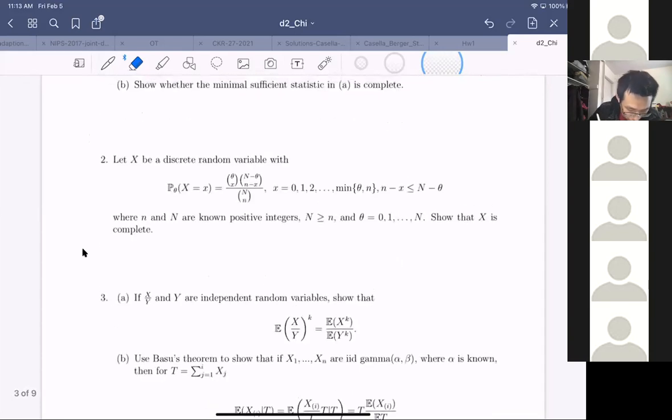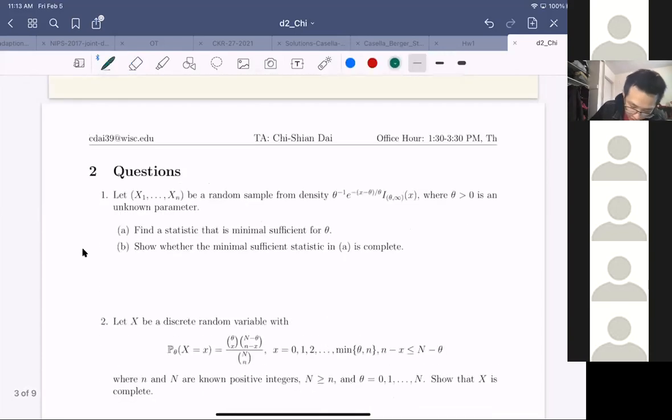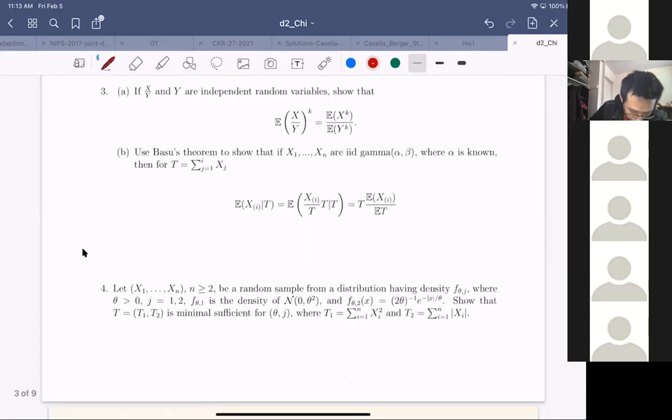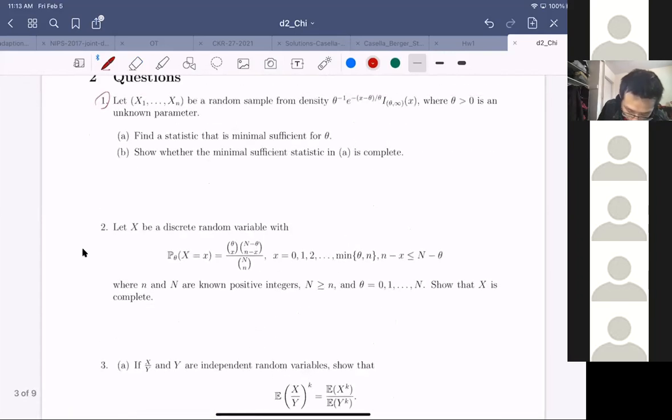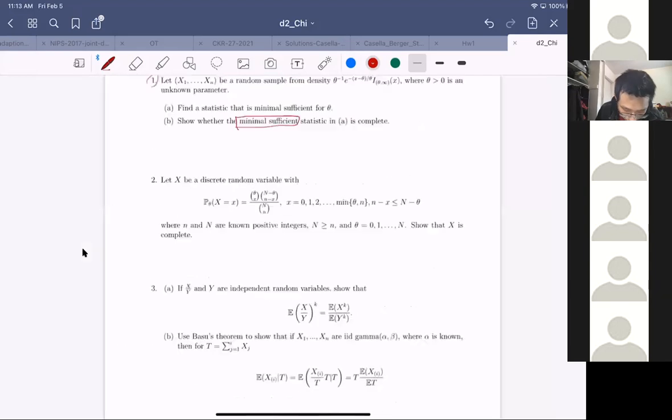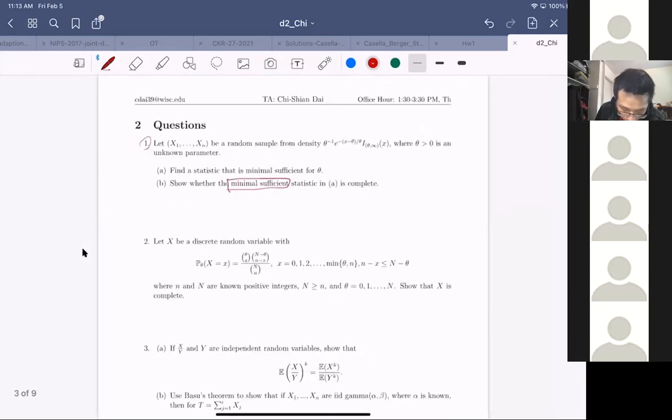I think the order is not good. Let's do 1 and 4, which are about the minimal sufficient statistic.